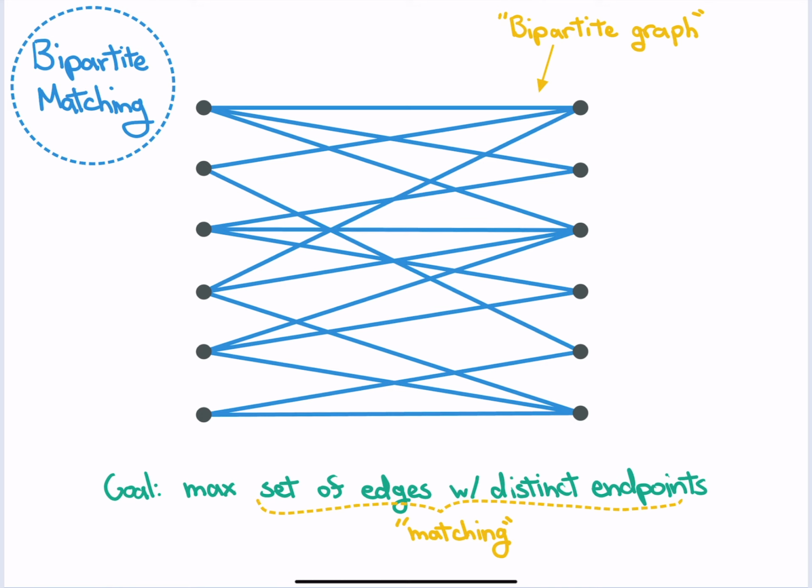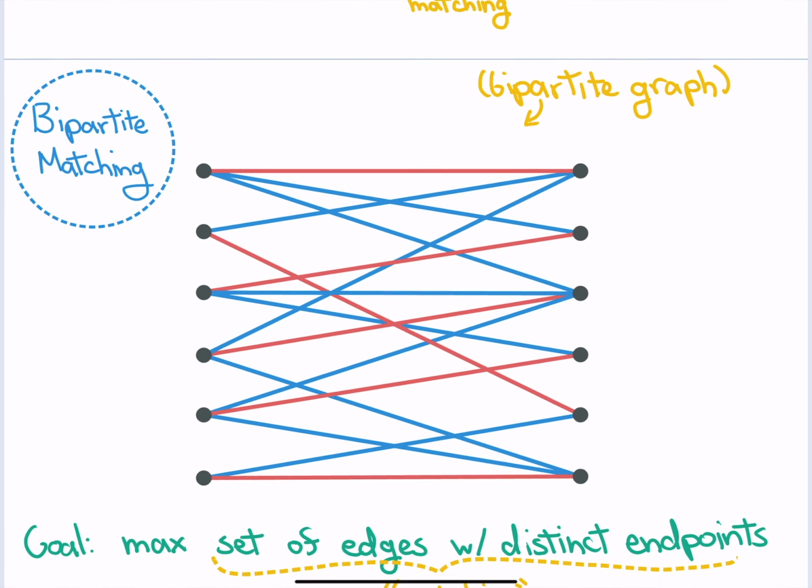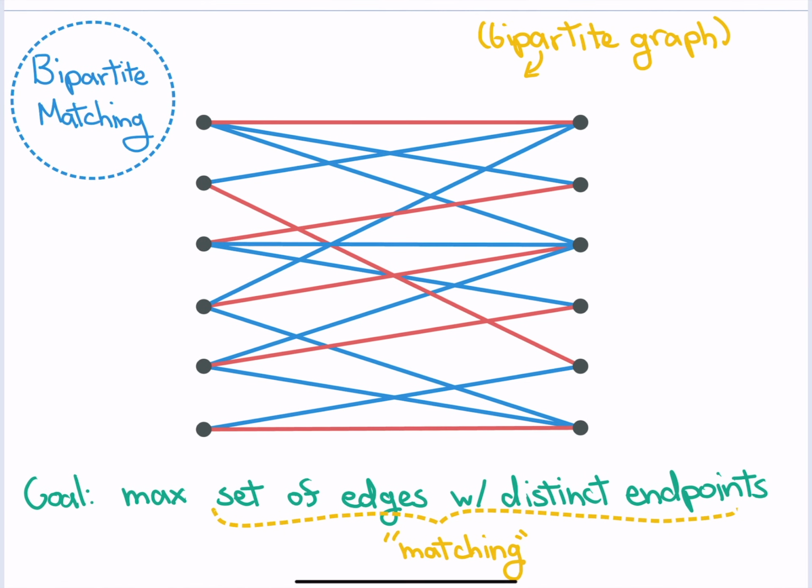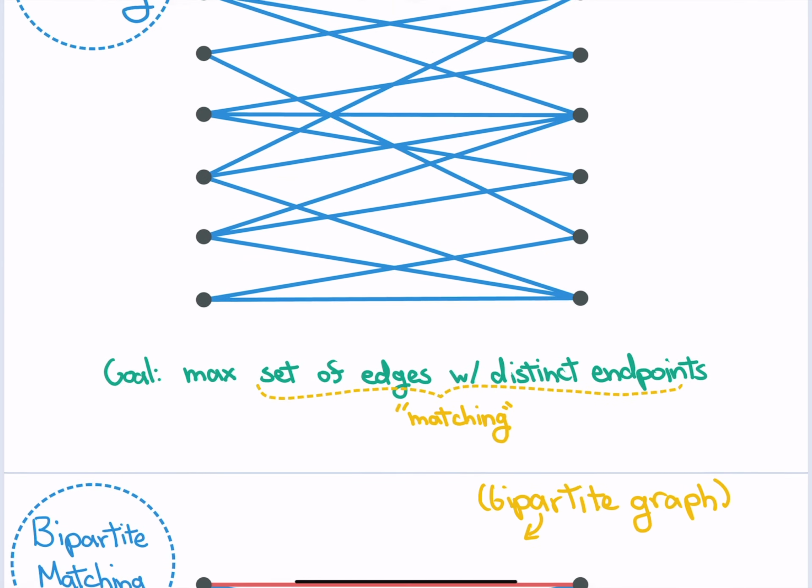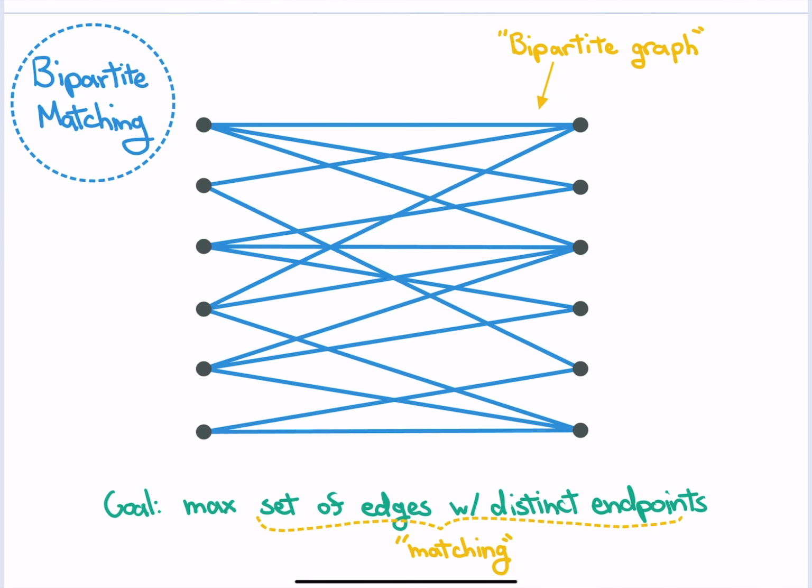All right, bipartite matching. Now the goal is to find a maximum set of edges with distinct endpoints. Here, for example, is an example of a matching. How can I try to find a large set of disjoint edges with flow or edge disjoint paths or minimum s-t cuts?